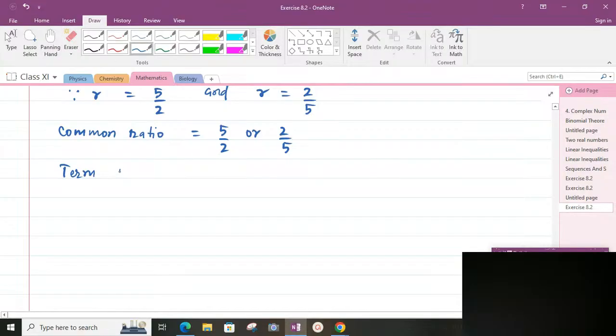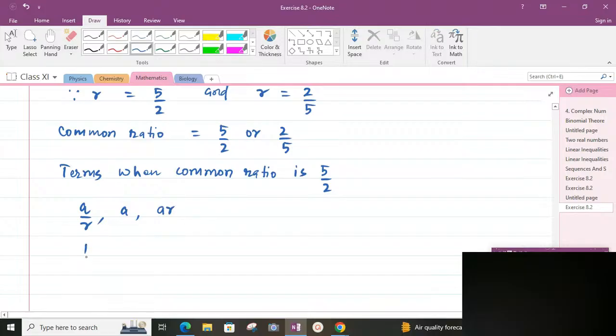Now we find out the terms when common ratio is 5 by 2. So the terms will be, a equal to 1, a by r, a and ar.